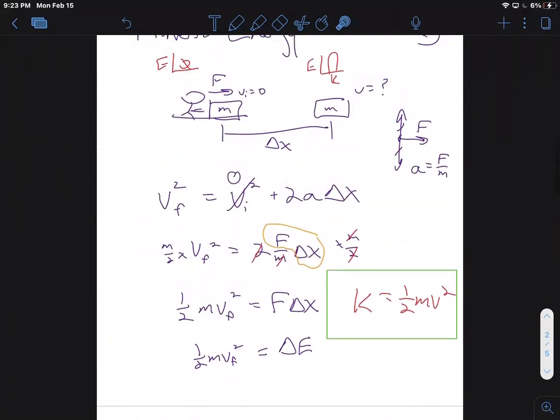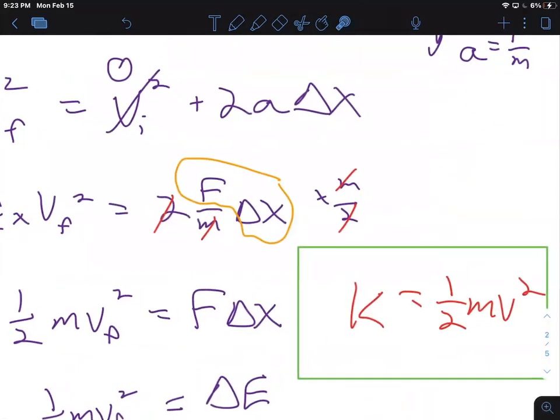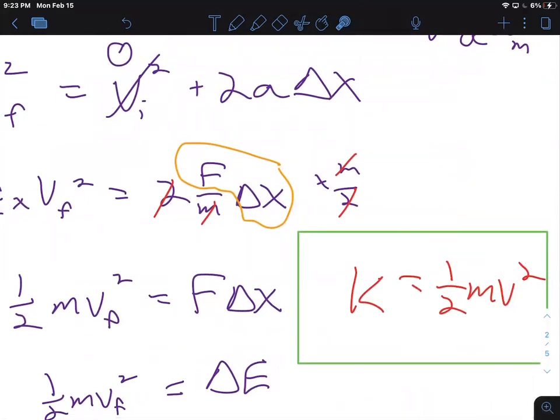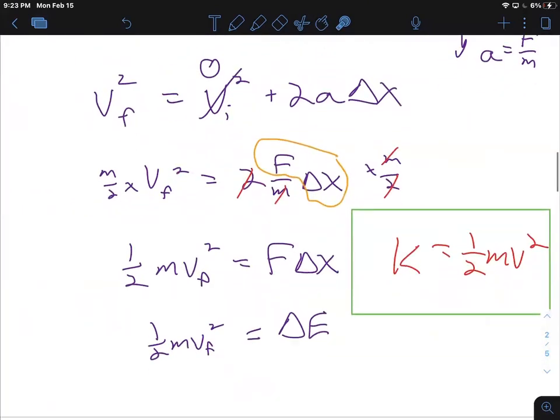And kinetic energy depends on how fast the object is going. You'll notice that this gets squared, so it doesn't matter what direction. It's actually just dependent on the speed, because a negative number would turn positive. And the mass, so objects with more mass and objects with more speed have more kinetic energy. Similar in some ways to momentum.